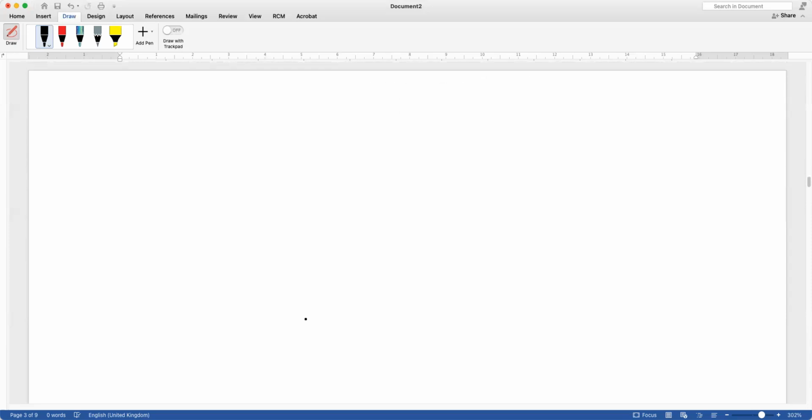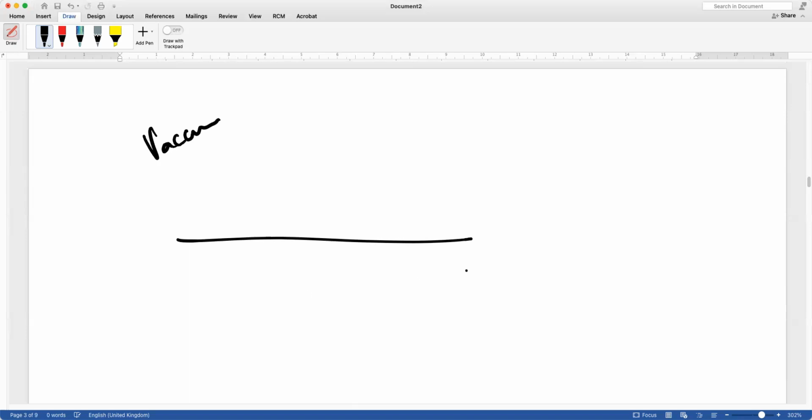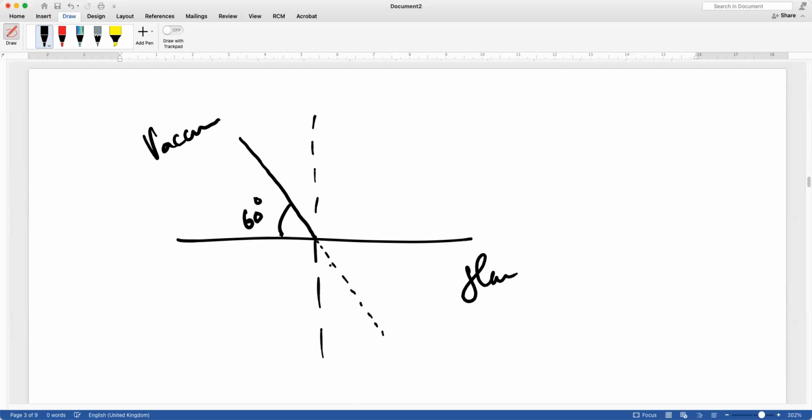Okay, so there is another common mistake. Let me give you a small problem to work on. Let's say there is an interface between vacuum and some glass, and they give you this angle as 60 degrees, and the ray is not going straight, it is going to bend.